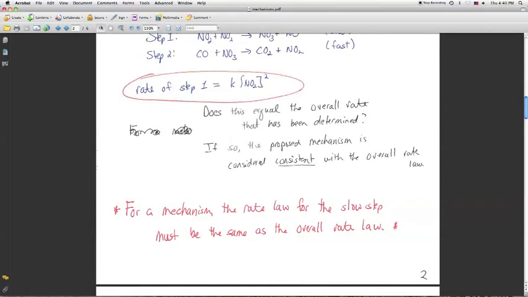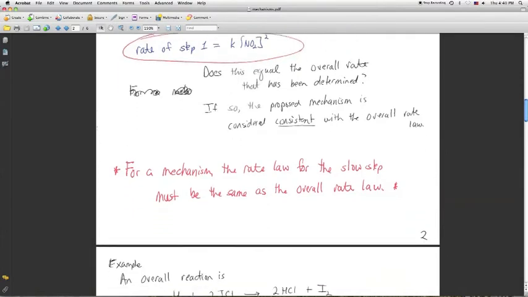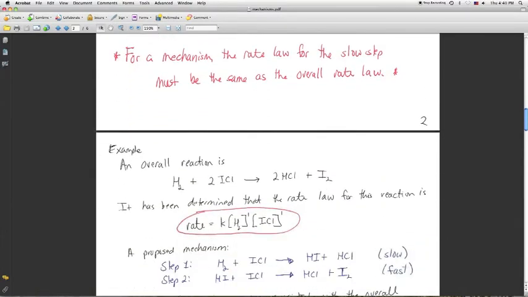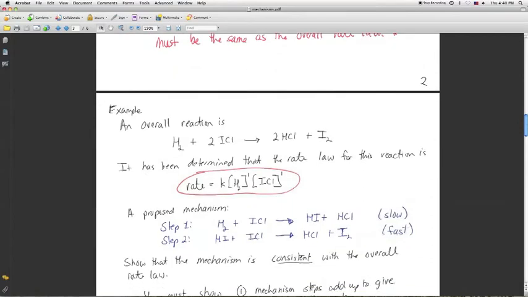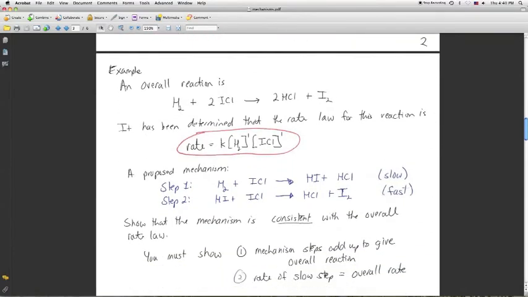When you have a mechanism that's broken down into steps, and one of the steps is identified as the slow step, it needs to work out so that the rate law of the slow step in the mechanism matches the overall rate law. So here's an example. Let's say I have an overall reaction here with hydrogen reacting with this compound ICl.